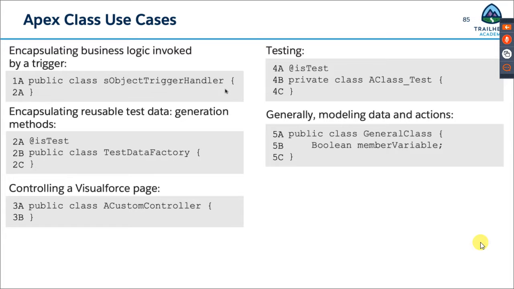Your trigger should be very small and should only be invoking methods in classes. So we need to talk about classes then. And that is actually one of the use cases. It is the trigger handler.